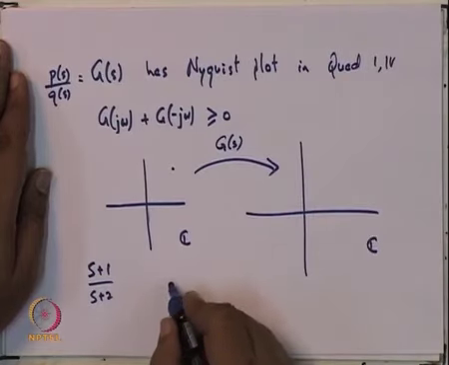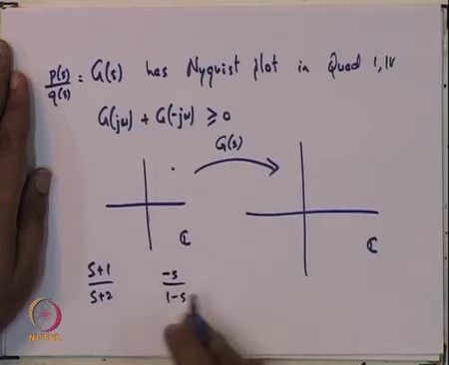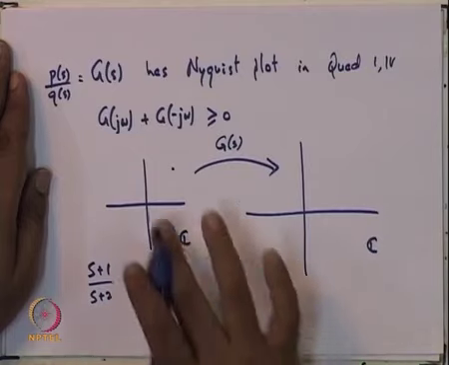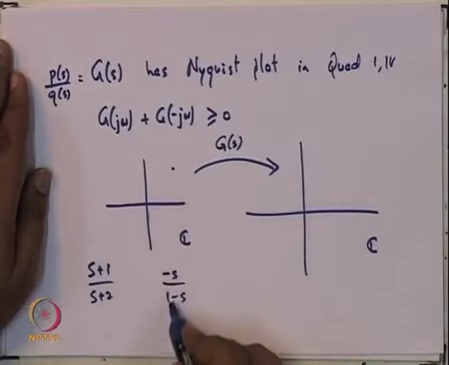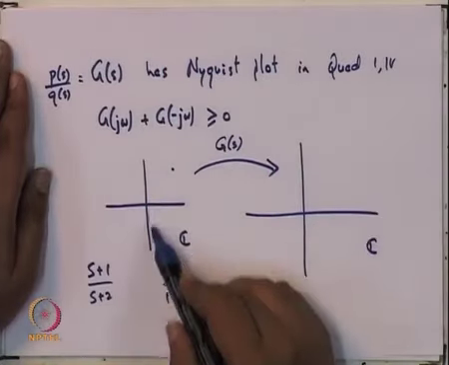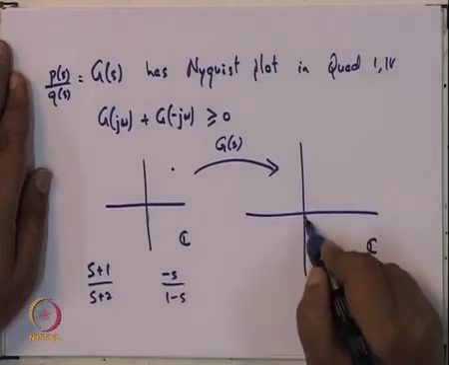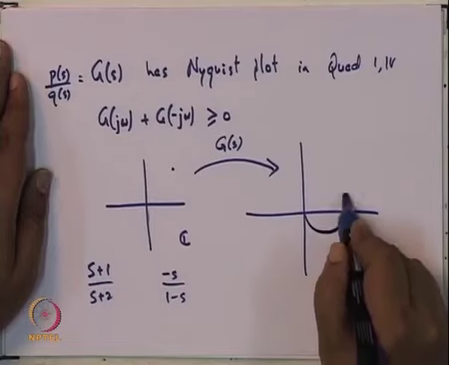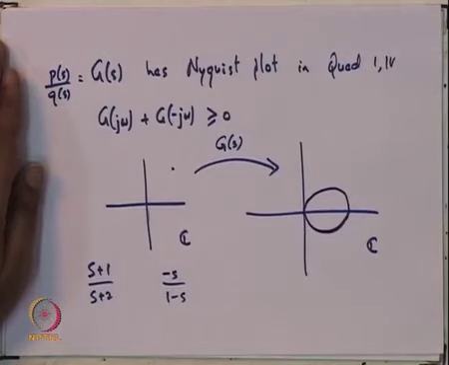If you look at minus s upon 1 minus s, this was also an example that I used earlier, and if you take G(s) to be minus s upon 1 minus s and you look at the map, then again the imaginary axis will map to something here. So, for example, in this particular case it will map to something like that. Okay.